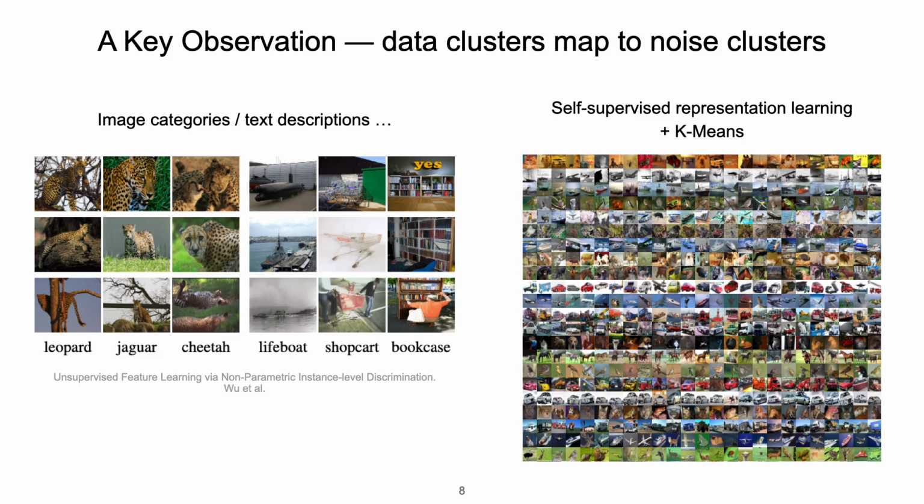This brings a key observation behind our work. Real-world data isn't structureless. It naturally has cluster structure. Image datasets have semantic categories like dry grass, lifeboat, bookcase, and so on. So even without labels, we can use k-means to recover meaningful clusters from raw images, as shown on the right.